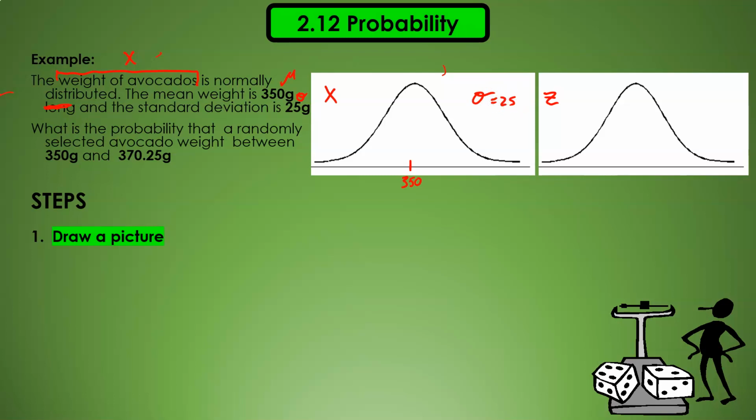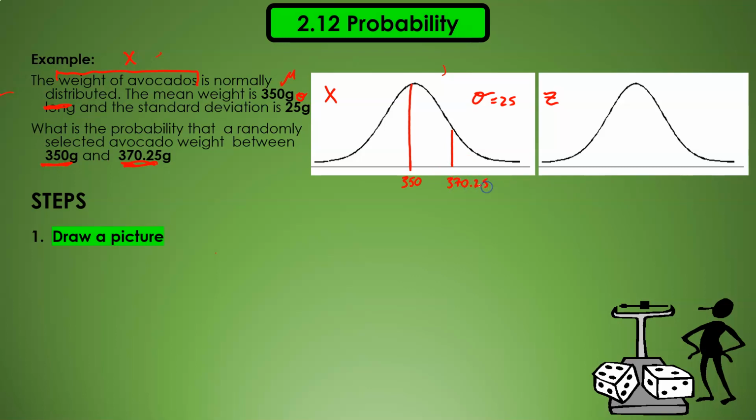All right. The next part is that it's telling you what probability you need to work out. Now it's saying 350, which in this case is the mean. The other value that borders the probability is 370.25. So if this is 350, 370.25 must be here somewhere.